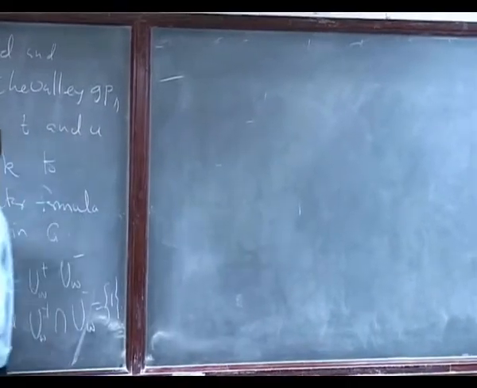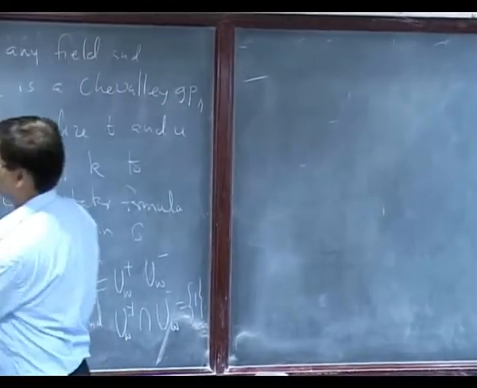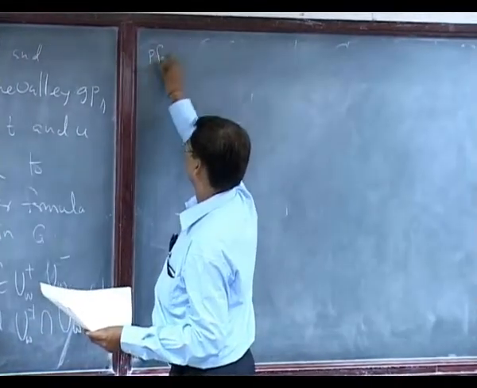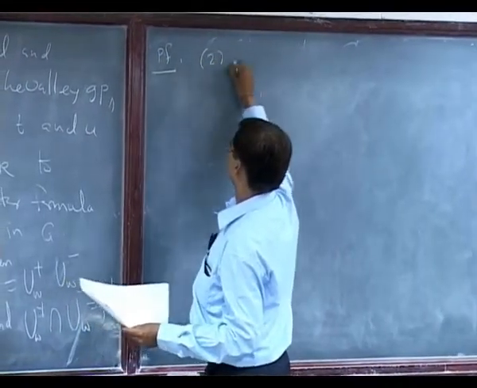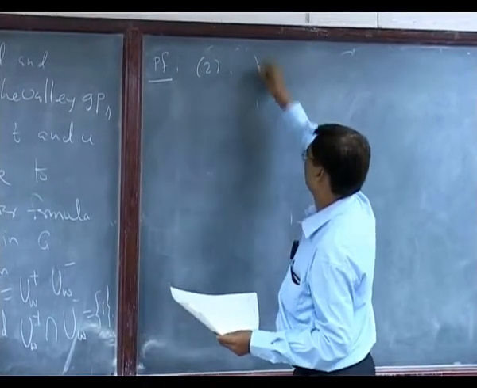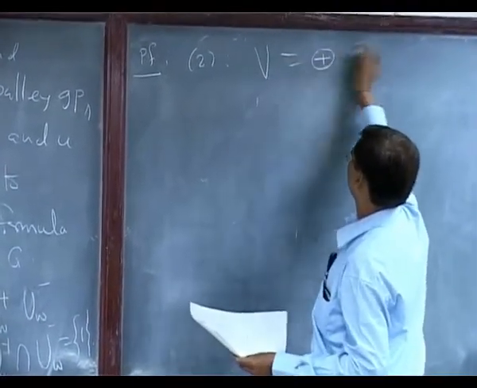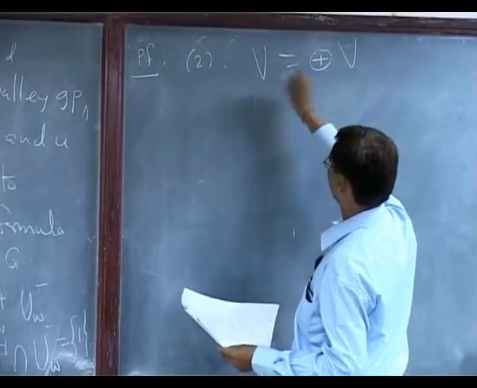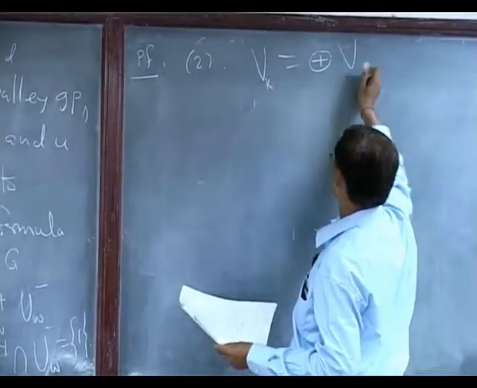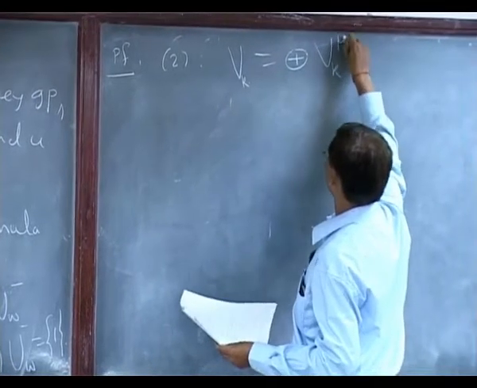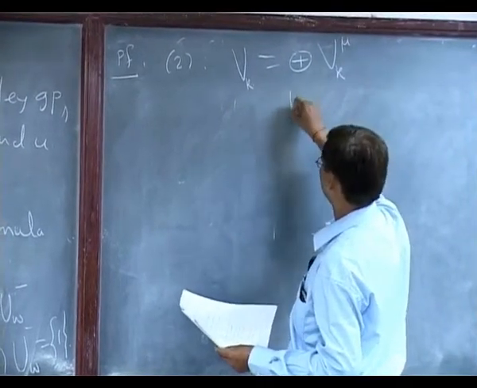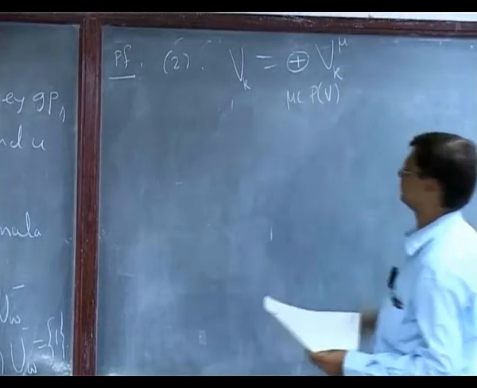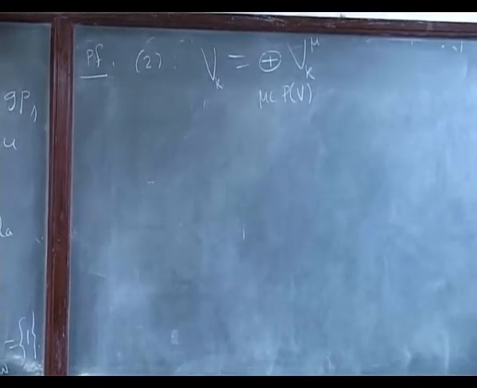So, for the proof of 2, what you do is decompose: you write V as a direct sum of its weight spaces V_mu, where mu is in the weights of the representation, right, the weights of the representation.